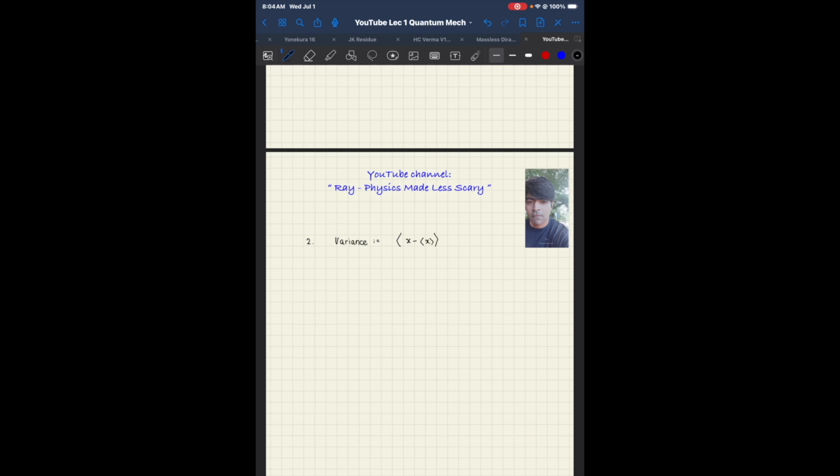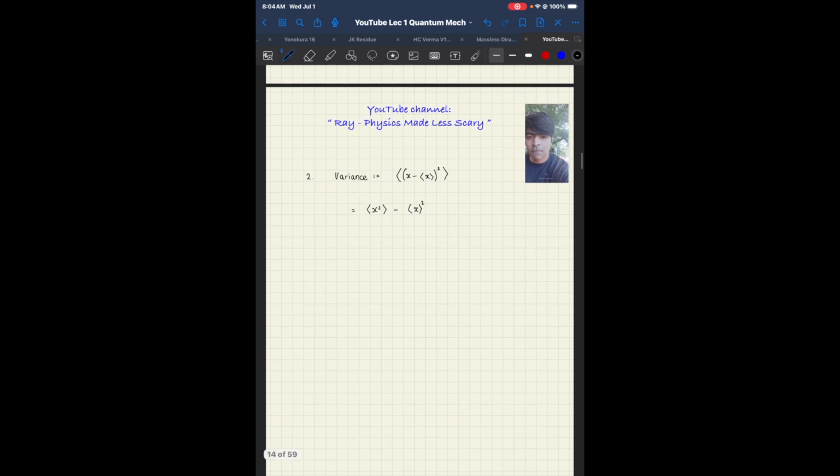This is the definition. Sorry, there's a square here. So this is simply the expectation value of the second moment, the square, minus the square of the mean.